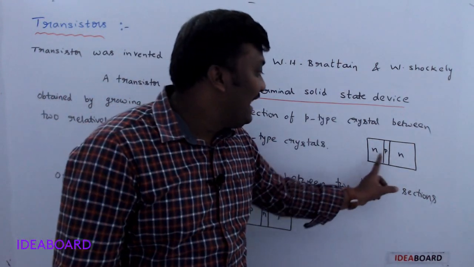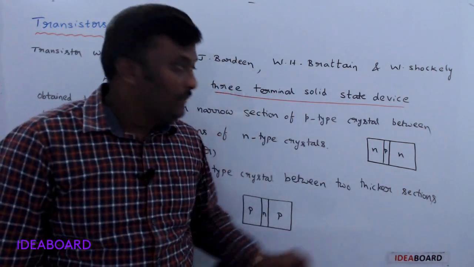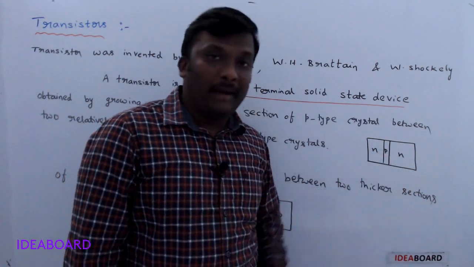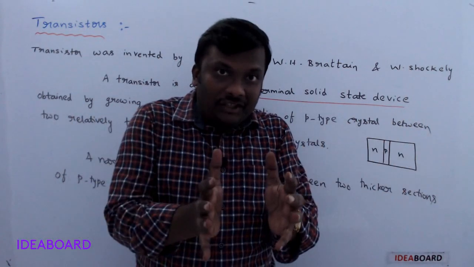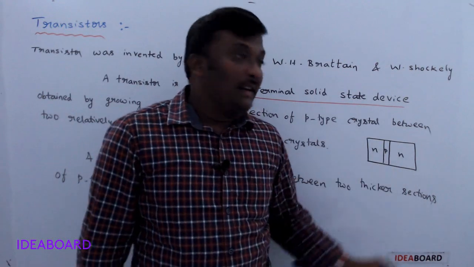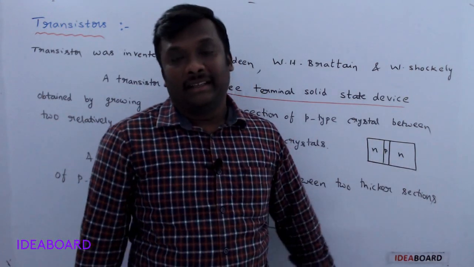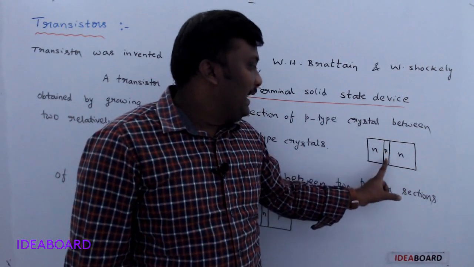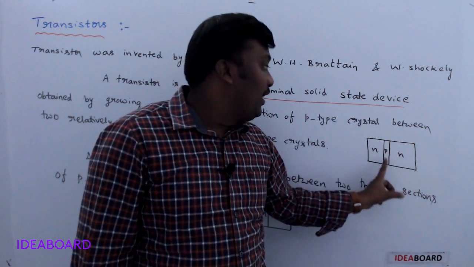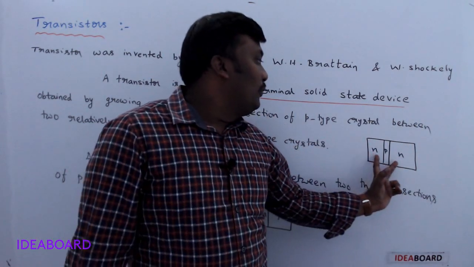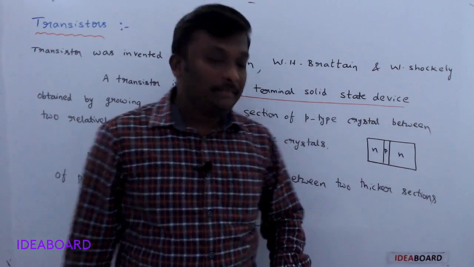So an NPN transistor consists of a narrow p-type material sandwiched between two thicker n-type materials. Do you understand? A layer of p-type material is sandwiched between two layers of n-type materials.